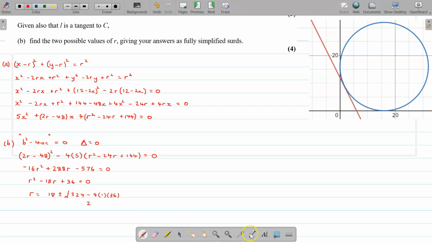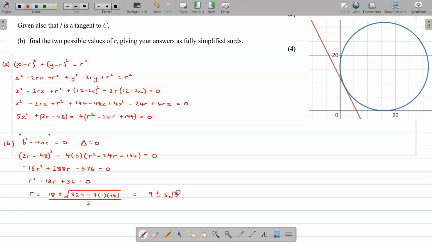Okay, I'll just put the various lines in there. So it's that and that there. Okay, and if you put that in, that gives you 9 plus or minus 3 root 5.